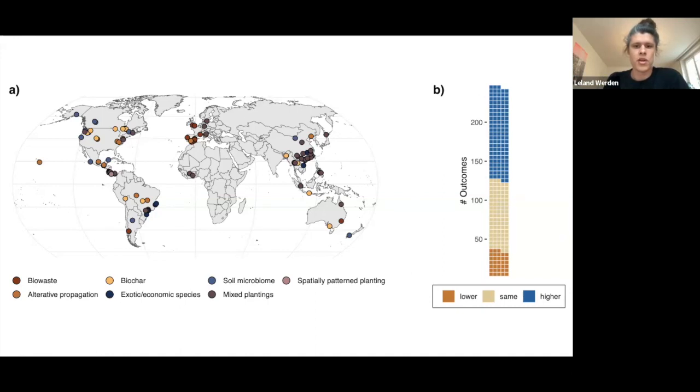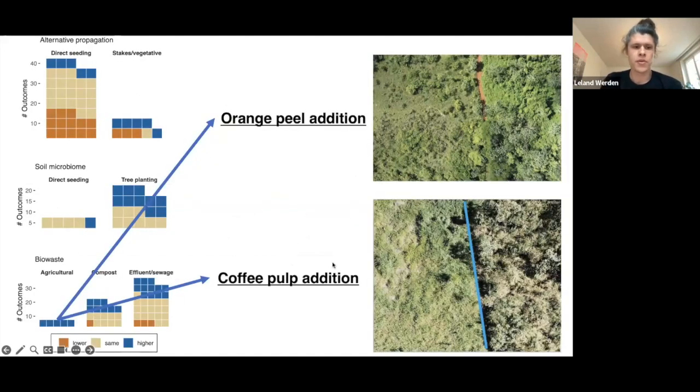So we're working on some best practices for how people can work this into mostly forest restoration, but also branching out into some mangrove restoration as well. And then for a really brief example of this, we've found that things like agricultural waste, so an example of a study where they dumped a whole bunch of orange peels on tropical forest and basically showed on the right-hand side of the top picture, this is the forest regenerating much more rapidly than the left-hand side just by putting some agricultural waste there.